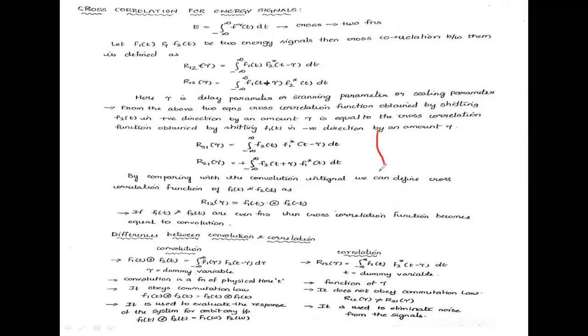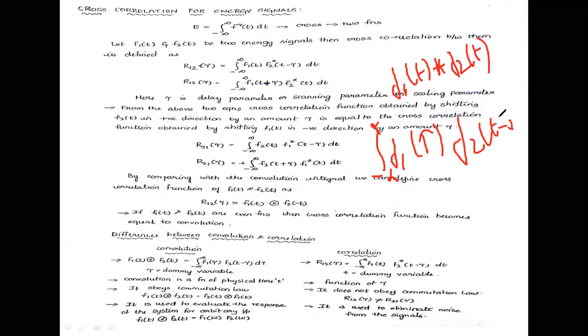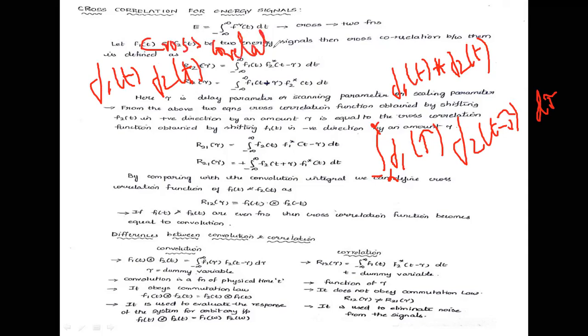For two signals f1 of t and f2 of t, the convolution function is the integral of f1 of tau, f2 of t minus tau d tau. But for f1 of t and f2 of t, this is the cross correlation, my students, and this one is the convolution.